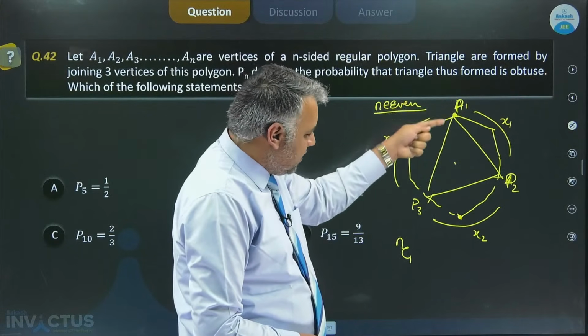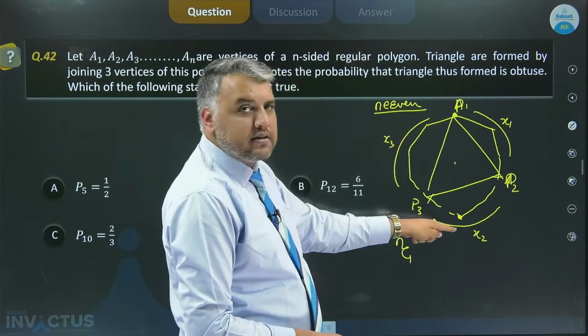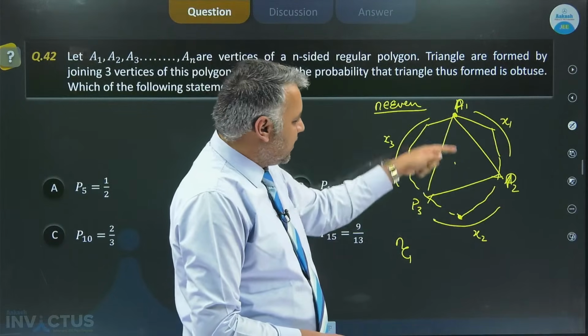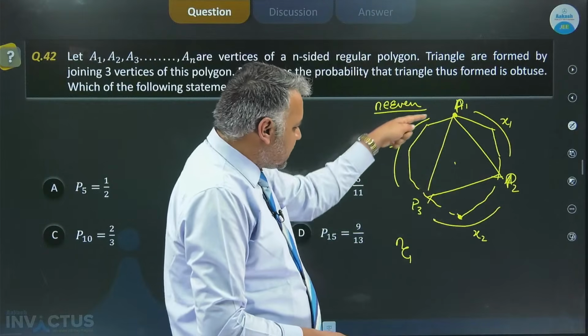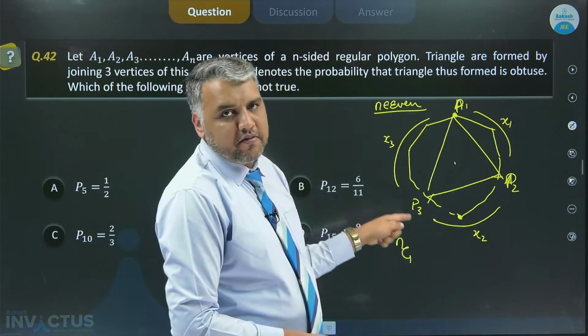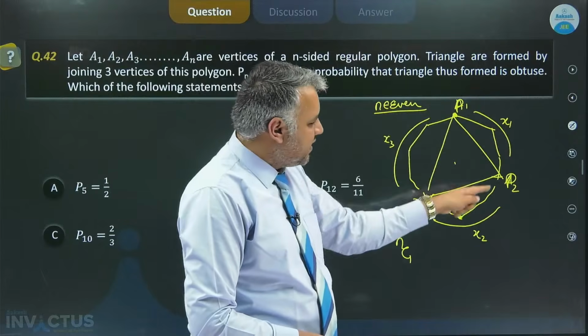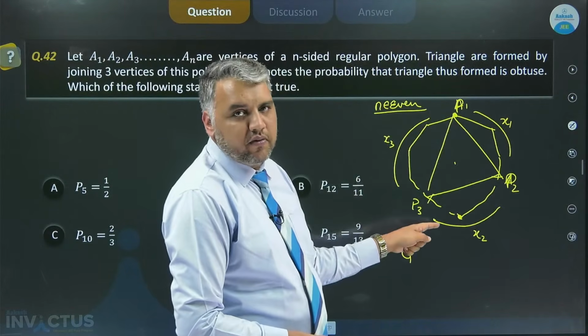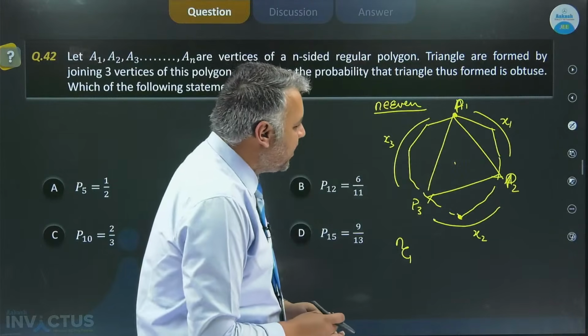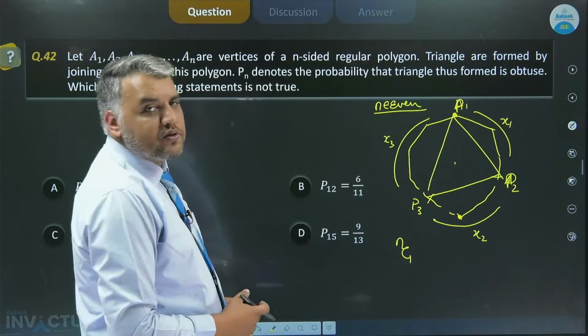If you select P1, then the opposite vertex corresponding to P1, say there is PK, then between P1 and PK, this area must be left blank. So all three vertices will be from here. So there will be a minimum value of x3 if we are trying to make this an obtuse angle triangle.